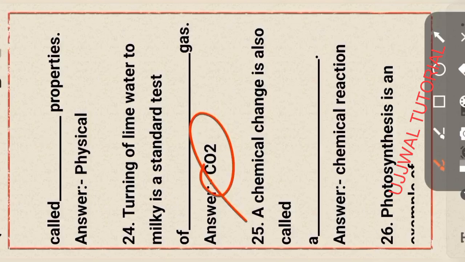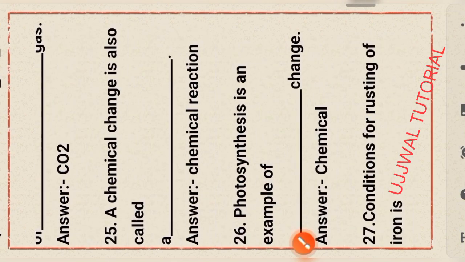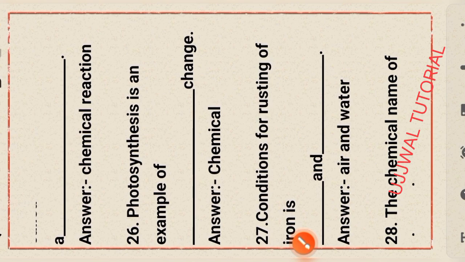Next question. Chemical change is also called a chemical reaction. Okay. Next question. Question number 26. Photosynthesis is an example of chemical change.